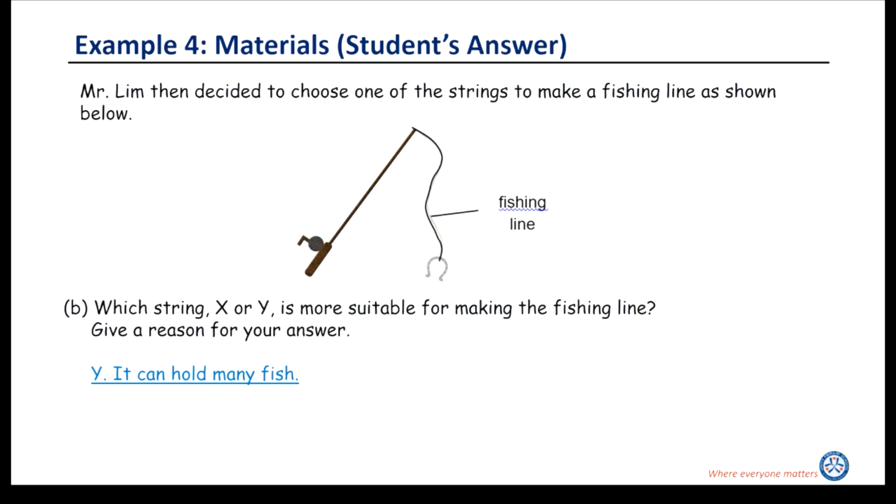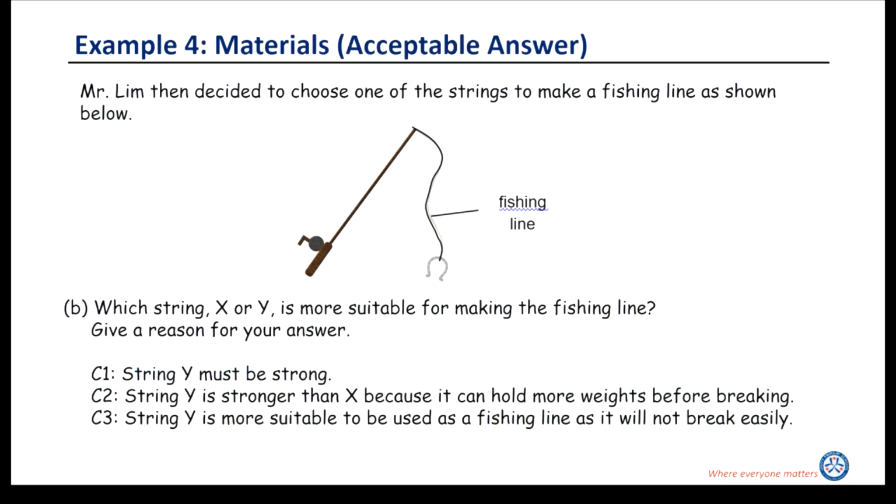The answer given by the student is not correct, as the student had not used the correct concept or connection to the question. The student had merely stated that string Y can hold many fish, which doesn't show any comparison between string X and Y. The correct answer is, for C1, string Y must be strong.